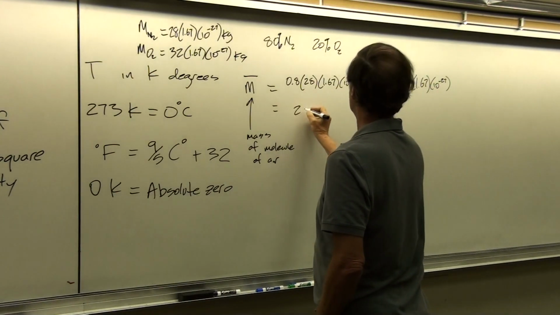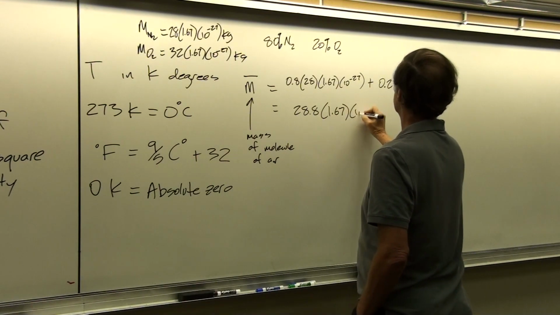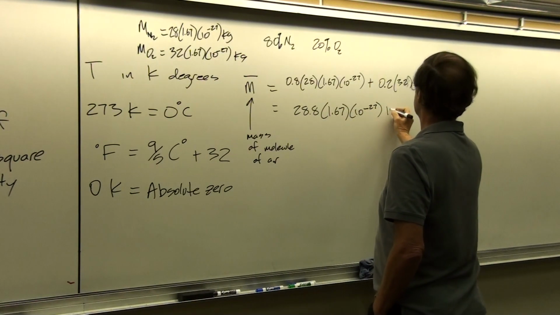So that gives us 28.8 times 1.67 times 10 to the minus 27 kilograms.